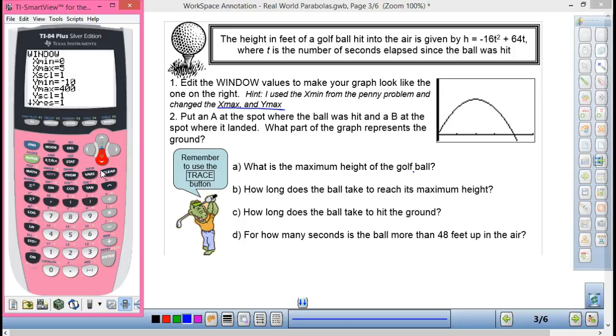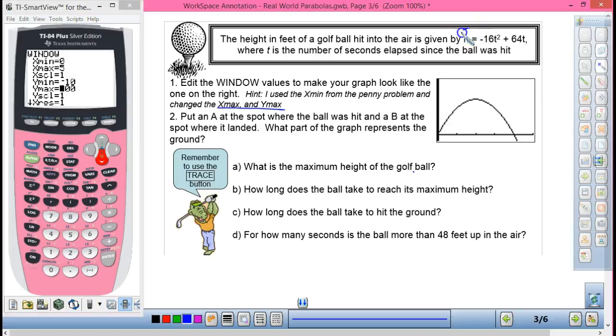You can hit it pretty high, but on a normal drive, how high do you think it might go? Let's just use some common sense. Looking at your equation up there, these are some of the numbers you're dealing with. What might be a good number to put as my y max?